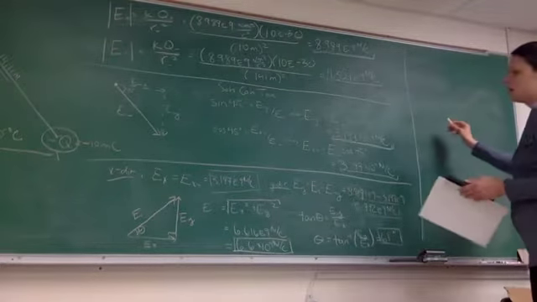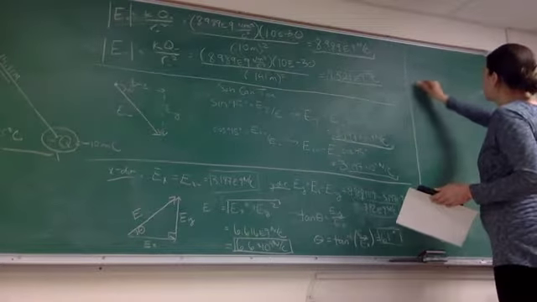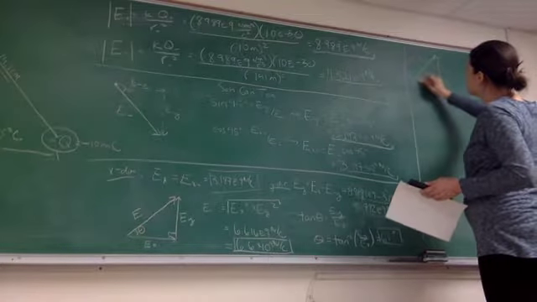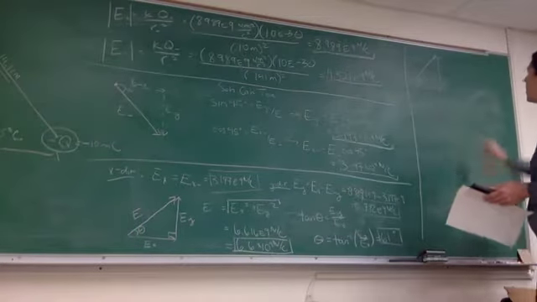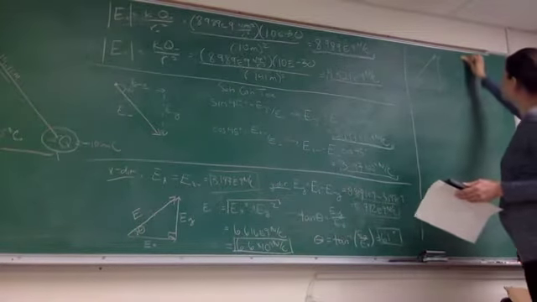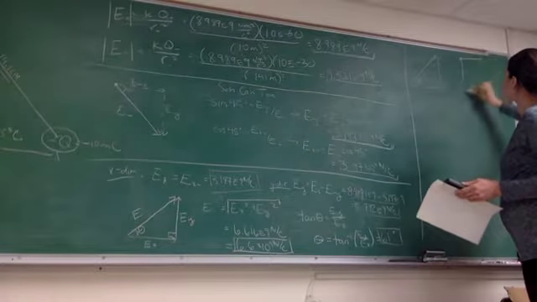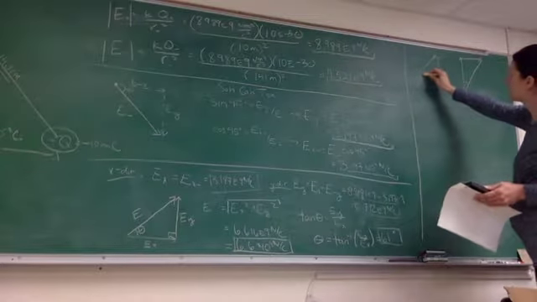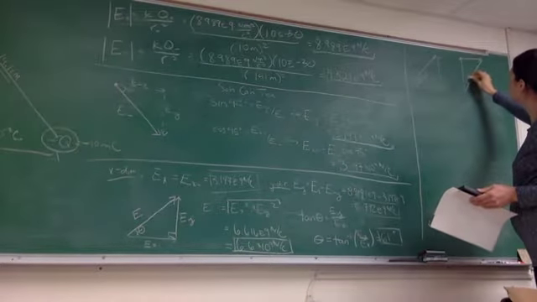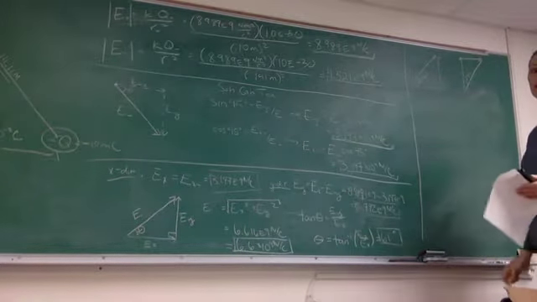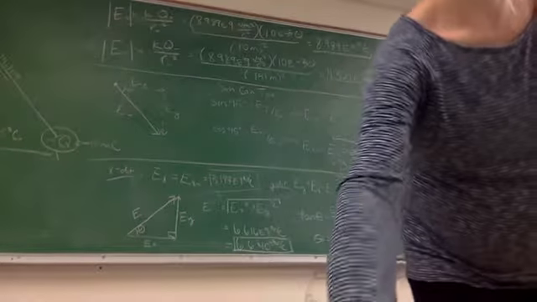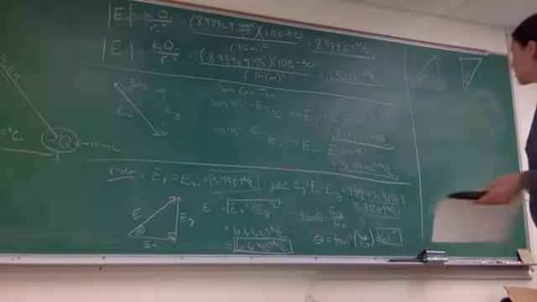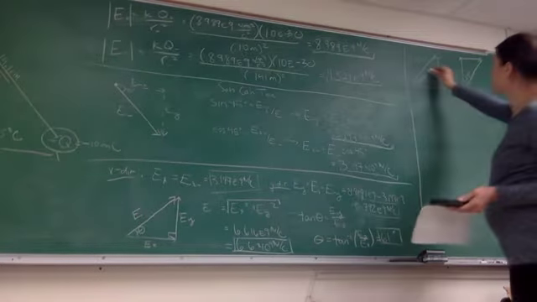And so what I mean by that is that I drew it like this, and I found this angle to be 61 degrees. But I could have just as easily drawn y and then x, and then I would have gotten, if that was 61 degrees, I guess I would have gotten 29 degrees as my angle.